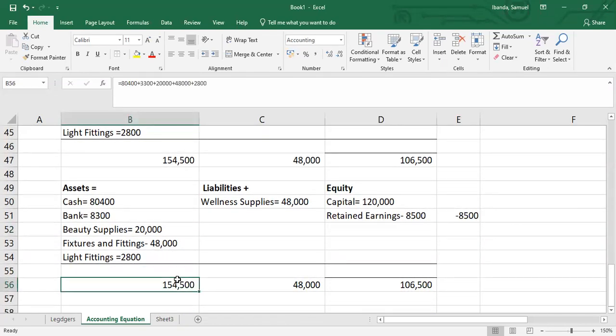You get it, huh? So how will my totals look like? Because I've already done that. This is 8,400, 3. Now this has become 8,300. This is 20,000. Then this is 48. Then this is 2,800.